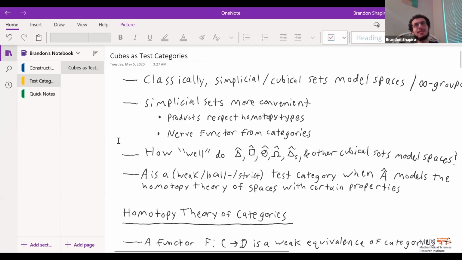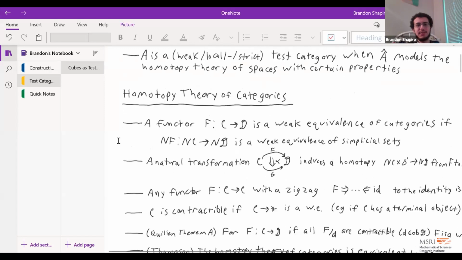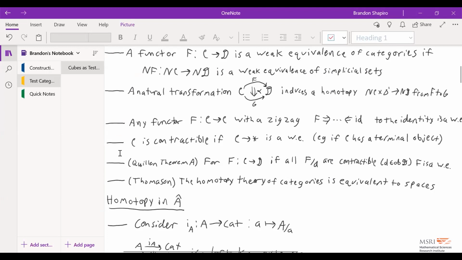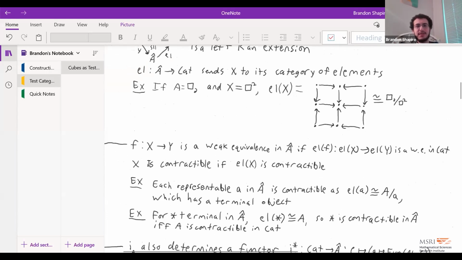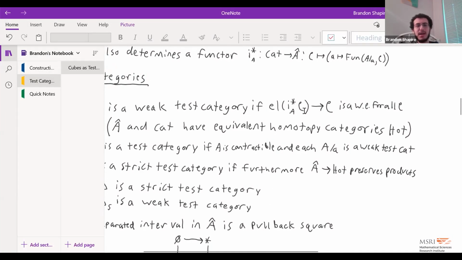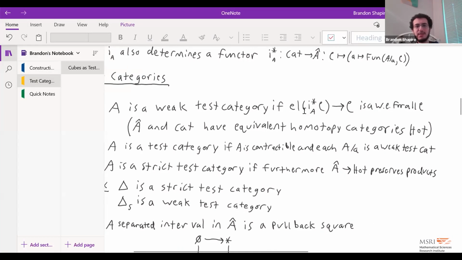I glossed over all of the places where theorem A gets used, and I put it in the notes, largely because when I wrote it, I had not yet figured out how much I was going to do that. But at least in Grothendieck's presentation, which is mostly what I read to prepare this, that gets used a lot in reducing the conditions. Like in weak test categories, for instance, you only need to check this map is a weak equivalence when C has a terminal object, and that follows almost immediately.